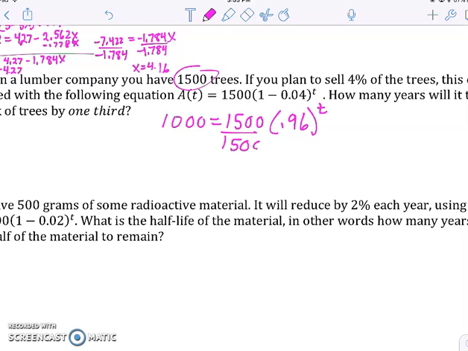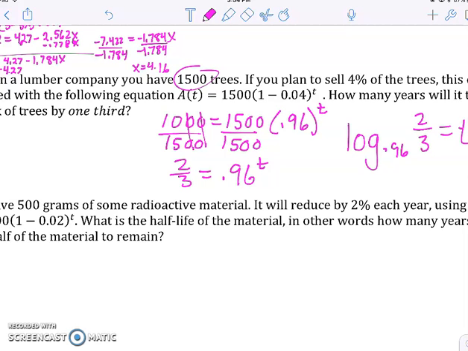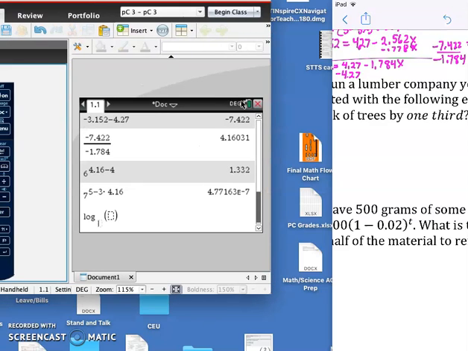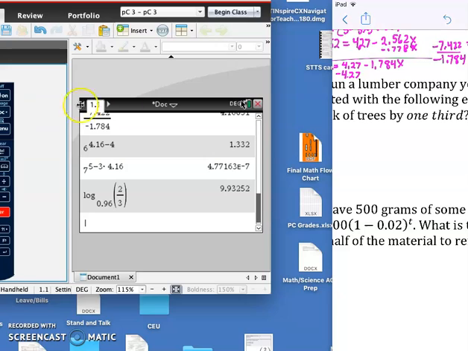So if we divide by this, so let's see, 10 over 15 reduces down to 2/3, 0.96 to the t. So if we log it, log base 0.96 of 2/3 equals t. So it's really just a calculator one here. Log base 0.96 of 2/3, 9.93 years.